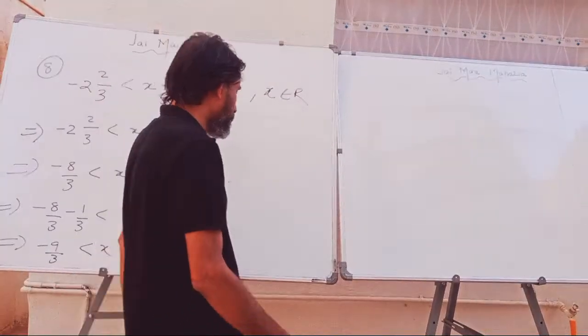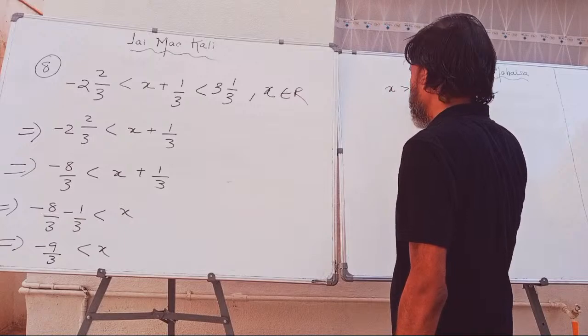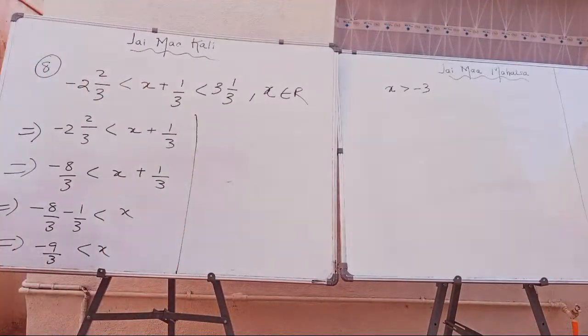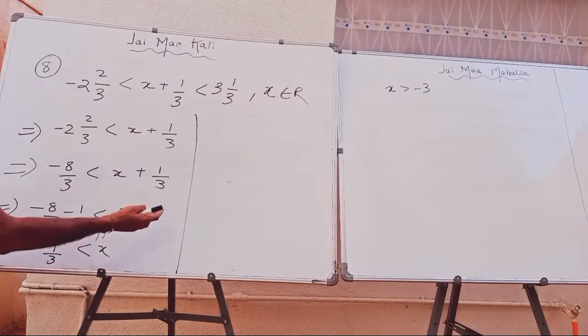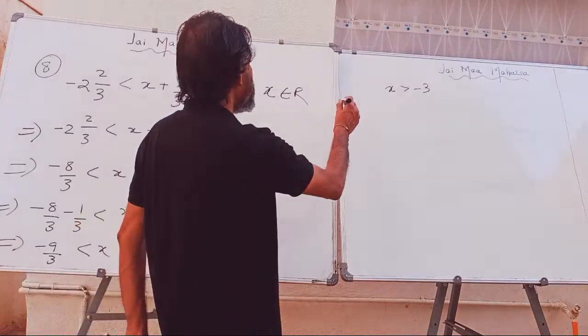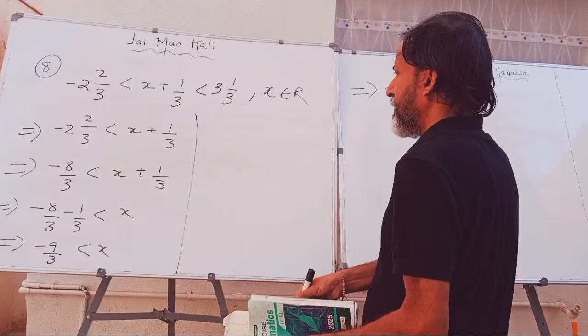So clearly x is greater than minus 3. Hopefully you understood why x is greater than minus 3. This also means the same: if minus 3 is less than x, which means x is greater than minus 3. Okay, so it implies this. Let's keep this.